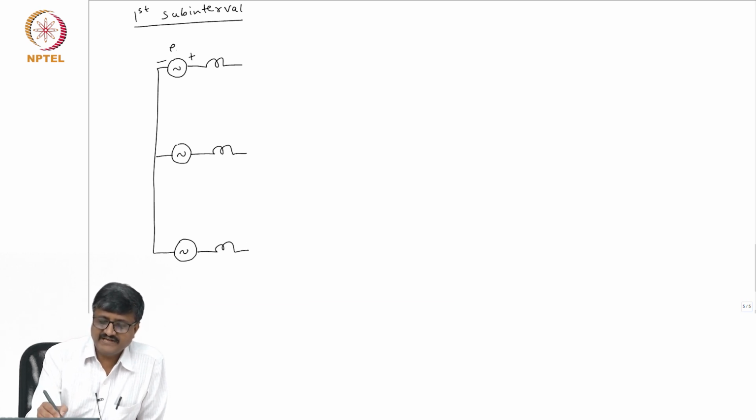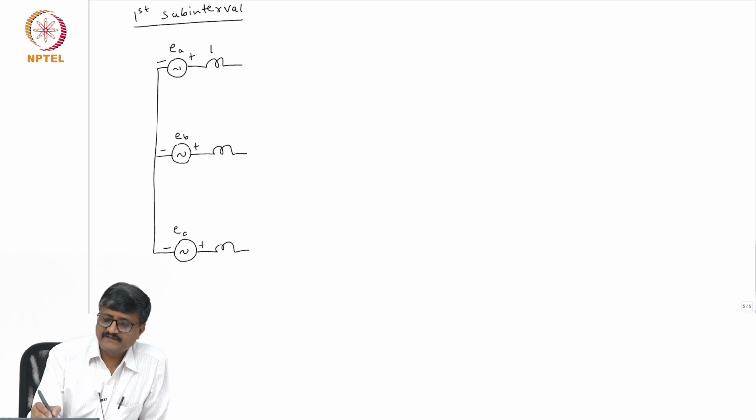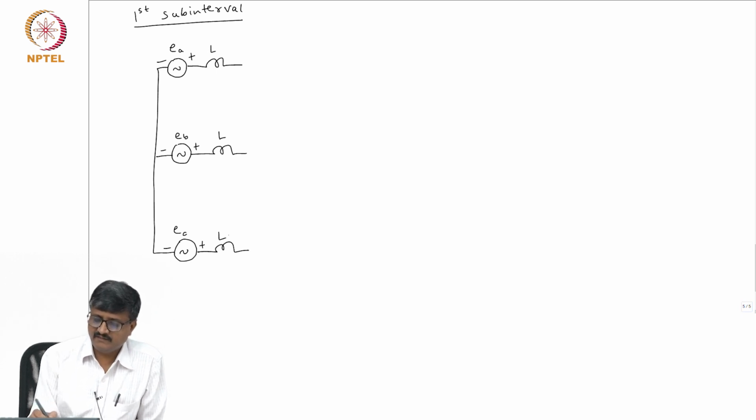So, this is EA, this is EB, this is EC, L, L, L.